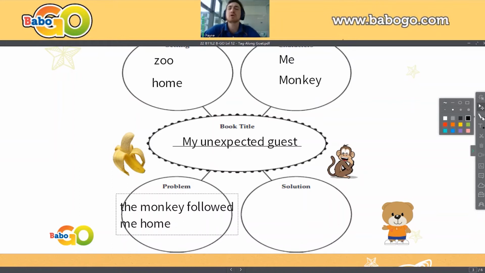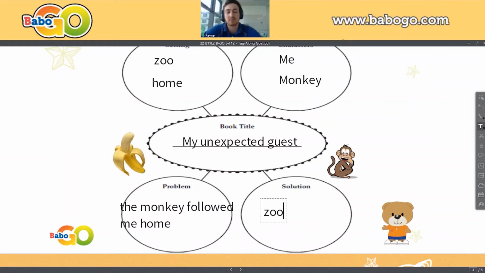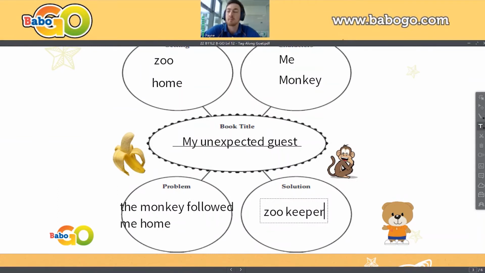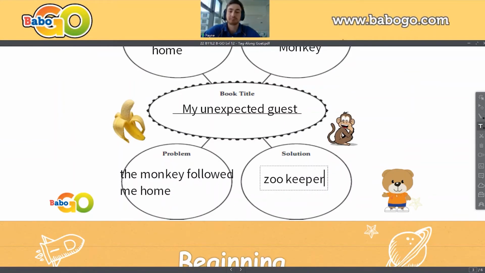So for this solution, who would you call to get the monkey? They could say maybe a zookeeper or the policeman. But in this case, we'll say zookeeper. So we're going to call the zookeeper to come get his monkey. And that's it, right? So it's very basic planning. We have two settings in the story, two characters, one problem, and one solution.